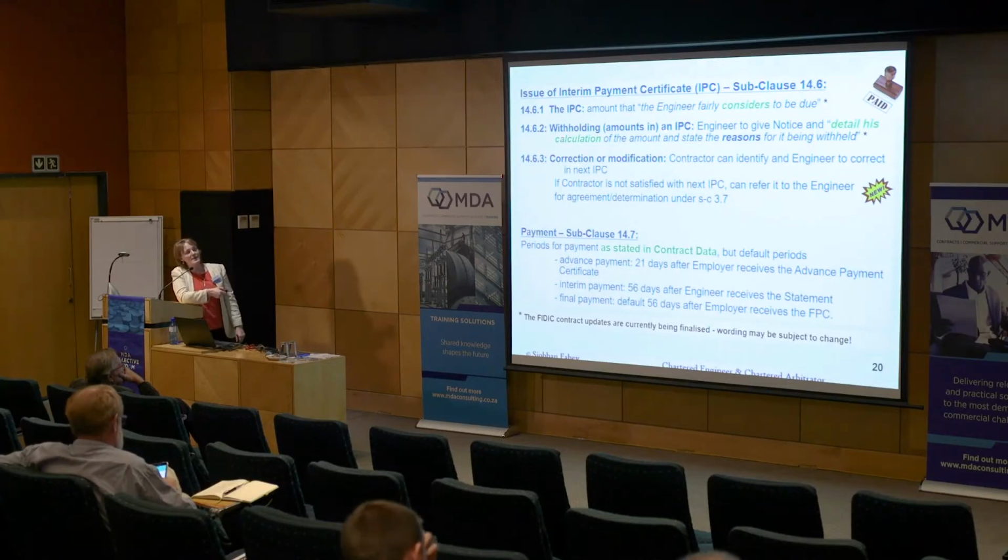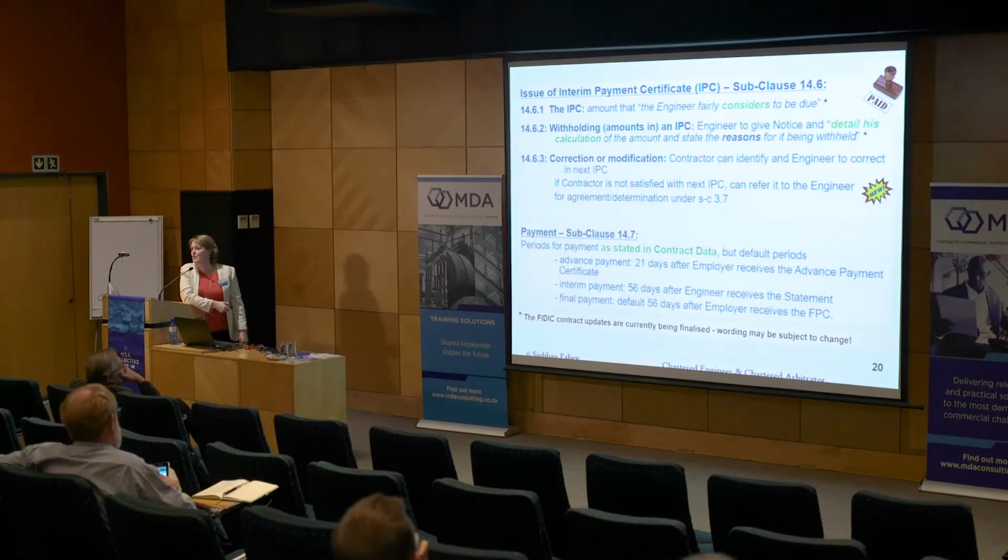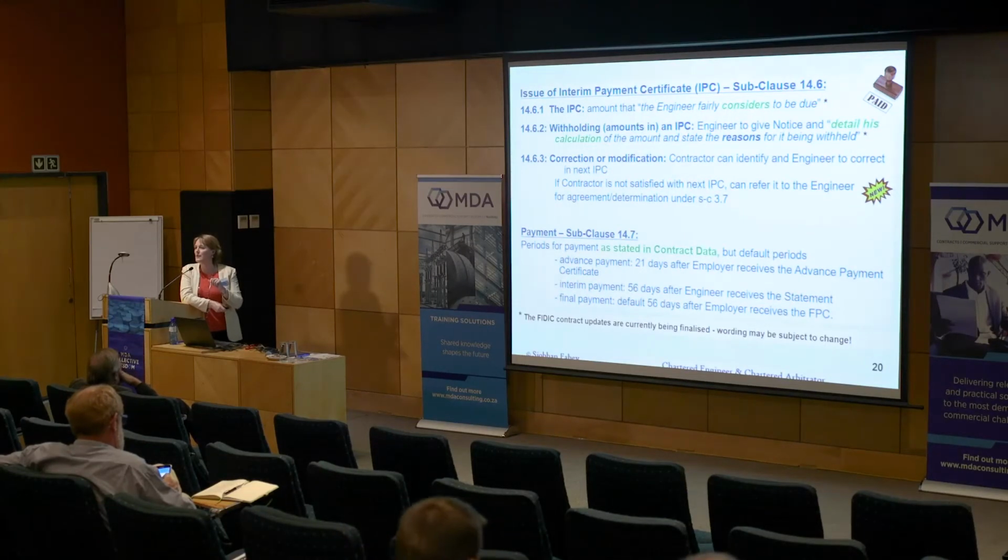For the amounts that are withheld, so they're the amounts that the engineer does not consider are fairly due to the contractor, the engineer has to give a notice and detail his calculation of the amount that he was withholding and the reasons for it being withheld. Okay? So the contractor will always know why he's not getting paid this month what he applied for. Yeah? And sometimes that notice might just be, it's a claim still to be determined, or it's a dispute that the DAB is still working on, for example.